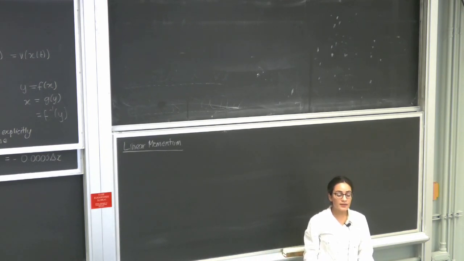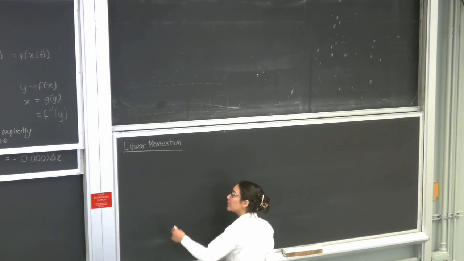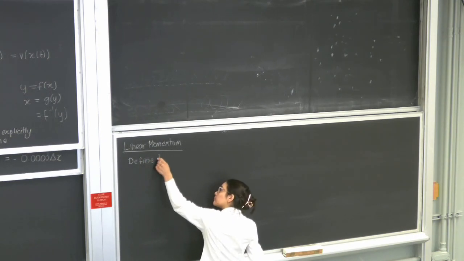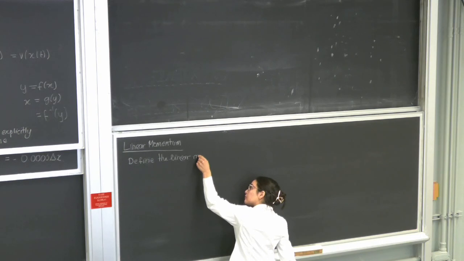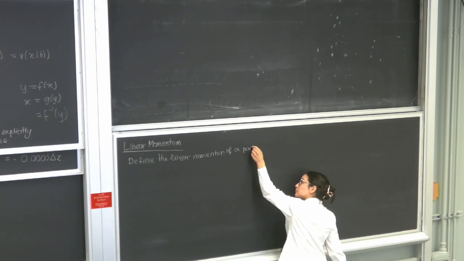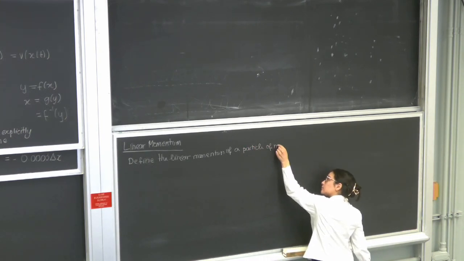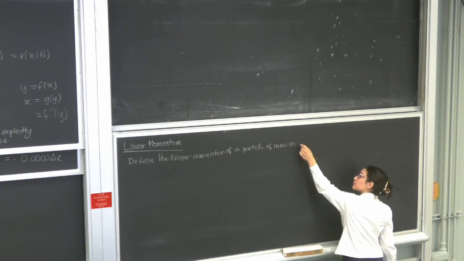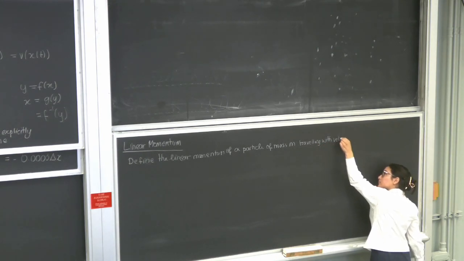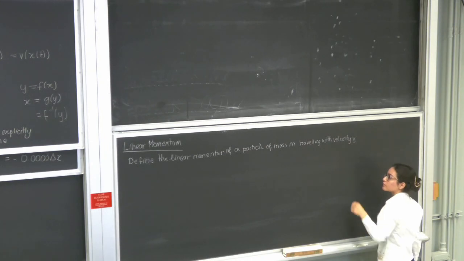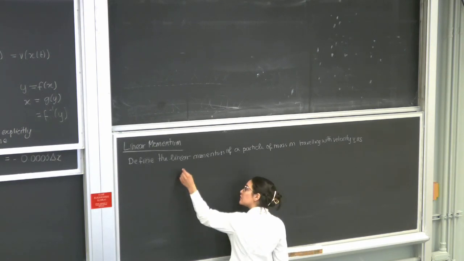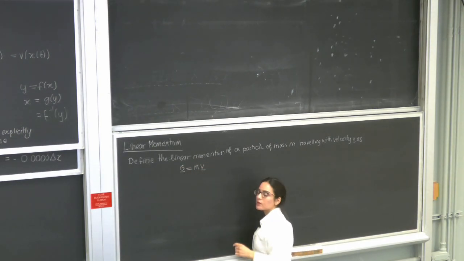We're going to define the linear momentum of a particle to be G. The linear momentum of the particle of mass m traveling with a velocity v is G equal to mv.